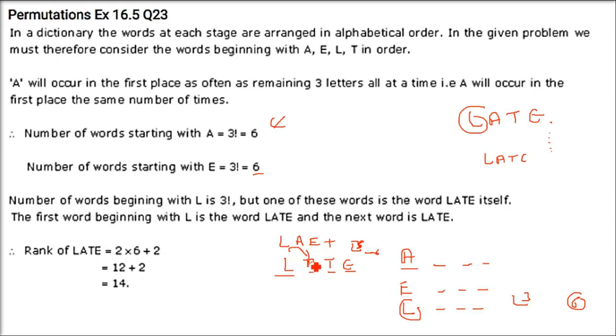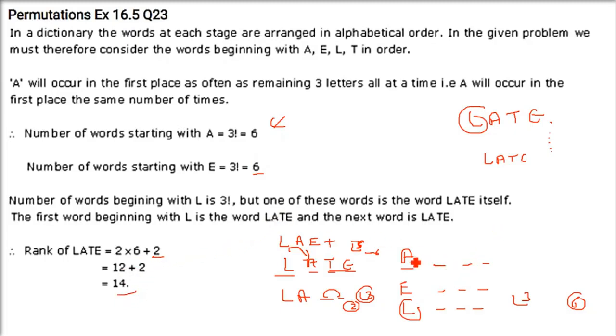So these are two numbers. If you fix LA and you have two formations, TE and ET, T will come after ET. So two formations are there. So two possibilities. So now you have to add 2. So 6 plus 6 is 12, plus 2, that is 14.